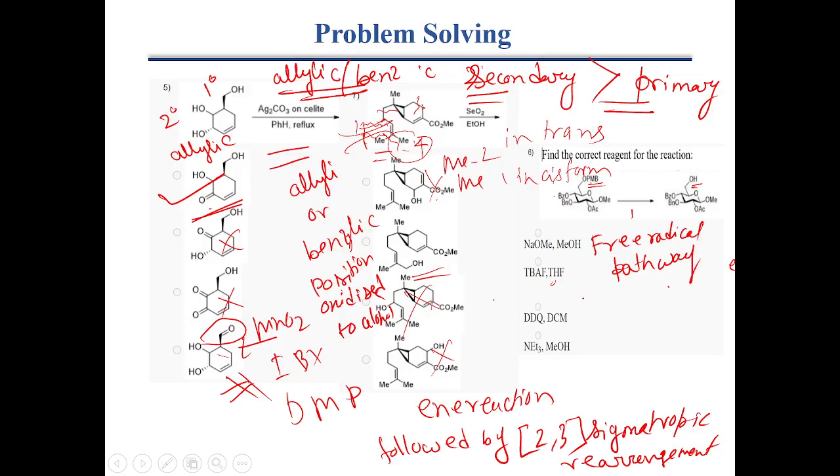What happened first? I am writing this PMB ether, ROPMB. First the oxonium ion will form. This one.